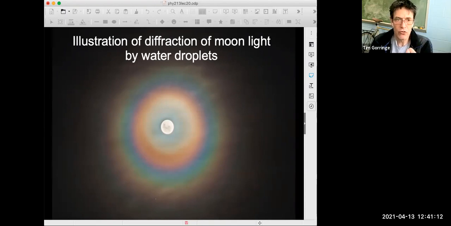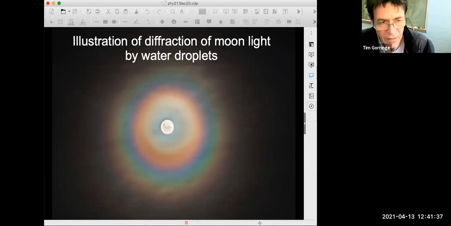The light is bending around those droplets, and you get a characteristic diffraction pattern, like spherical or circular wavelets emerging. It's a diffraction pattern of circles of different colors. So this is actually a moonlight example of a diffraction pattern.